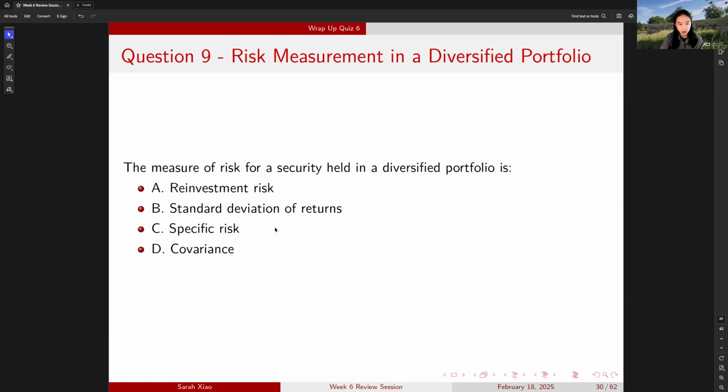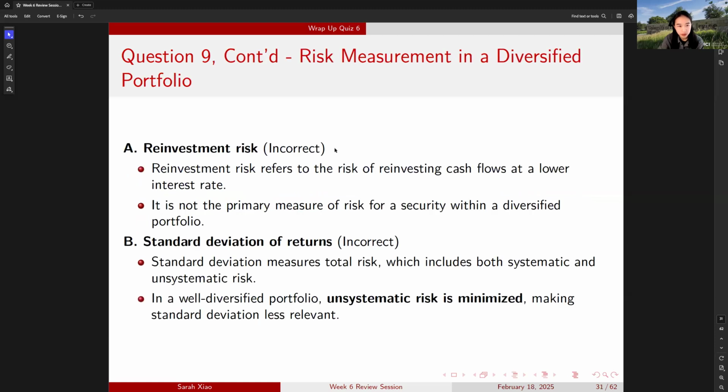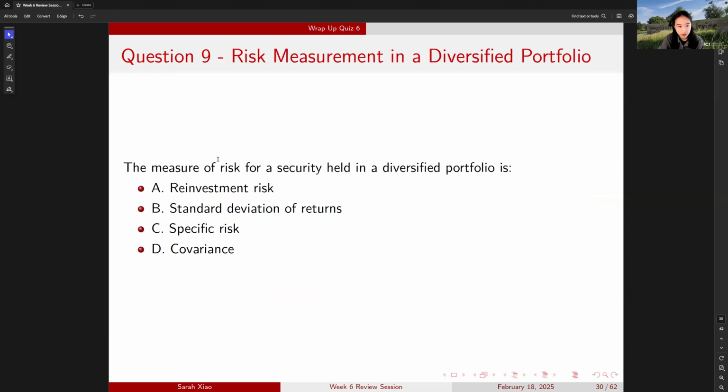Question 9 asks for the measure of risk. So the question is, the measure of risk for a security held in a diversified portfolio is which one of the following?